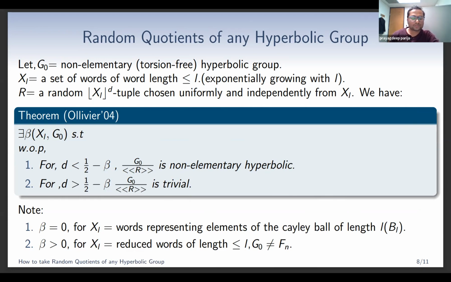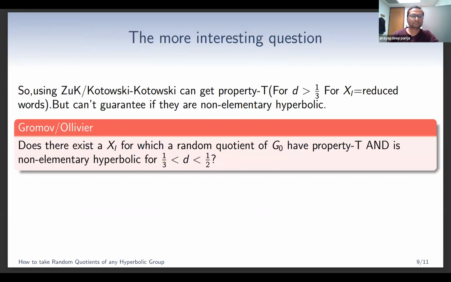Right. So the question of Gromov and Ollivier is: can you find a set of words XL for which a random quotient of G0 has property T and is non-elementary hyperbolic? So basically the question boils down to, can you find a phase where your quotients have property T and are non-trivial in some sense, because that will give you an interesting class of groups.